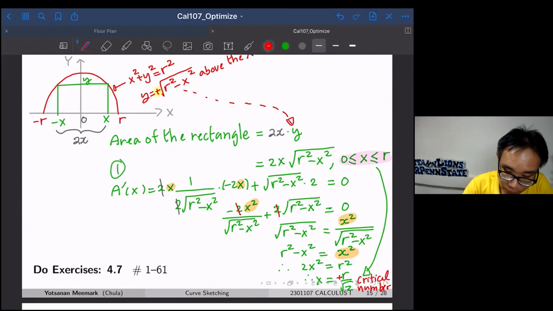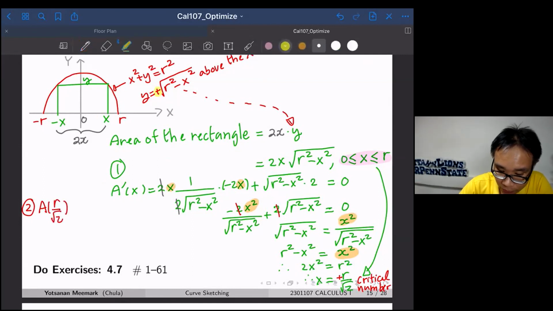The second step, you're going to compute A at r over root 2, which is the critical number, and you compute A at 0 and A at r, which are your endpoints. You see that A at 0 turned out to be 0, and A at r also turned out to be 0.